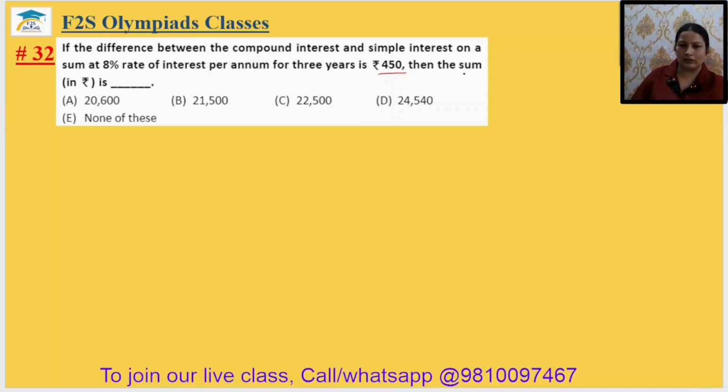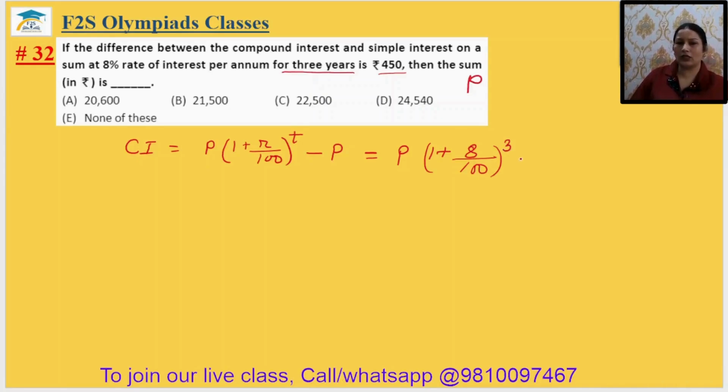Let the sum be P. We know CI, compound interest, equal to P into 1 plus R by 100 to the power n, or you can write T, the time for which it was invested, minus P. So here P will be as it is, 1 plus R is your 8, so 8 by 100, and time is given for 3 years, so 3. Minus P also.